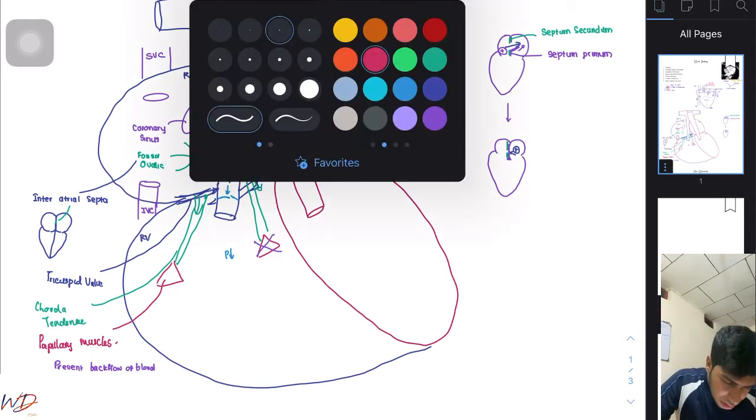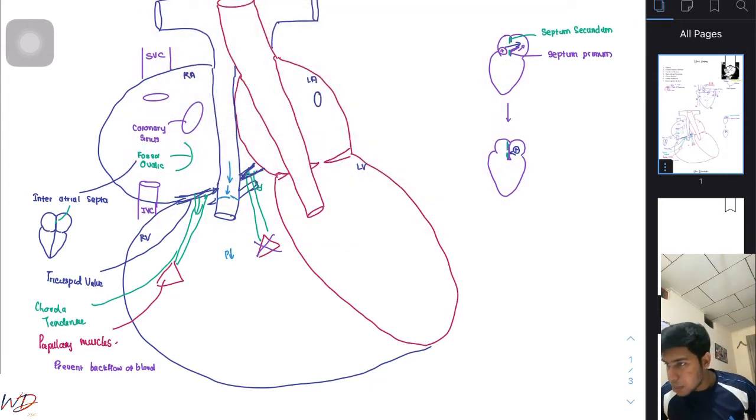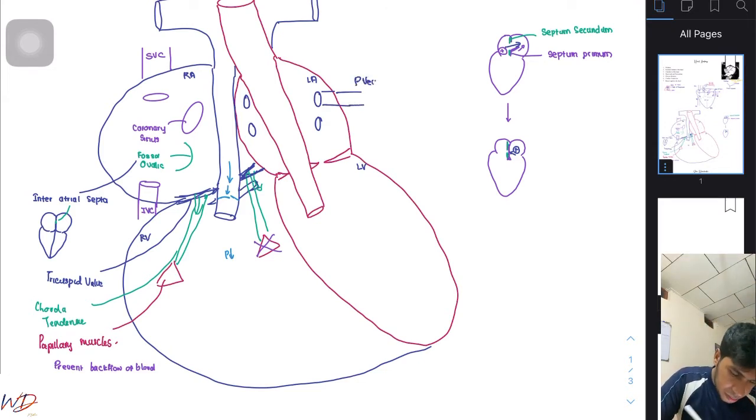Next, we will talk about the left atrium. The left atrium has 4 openings. These are for the pulmonary veins. These bring oxygenated blood.